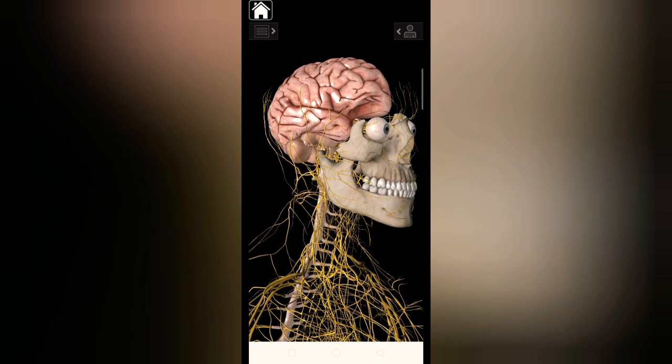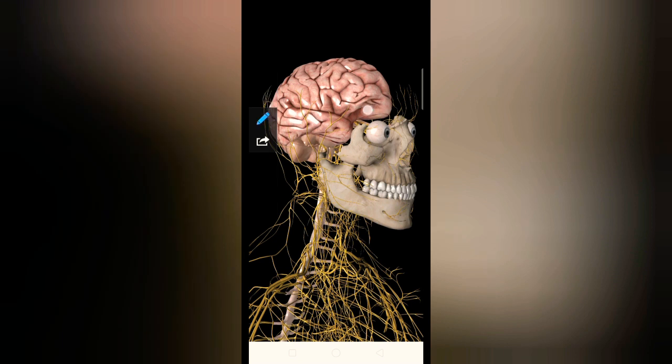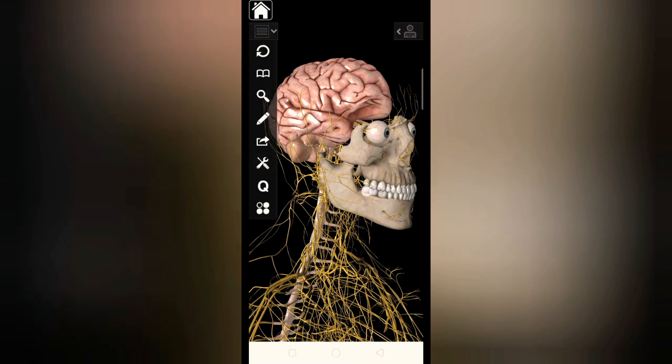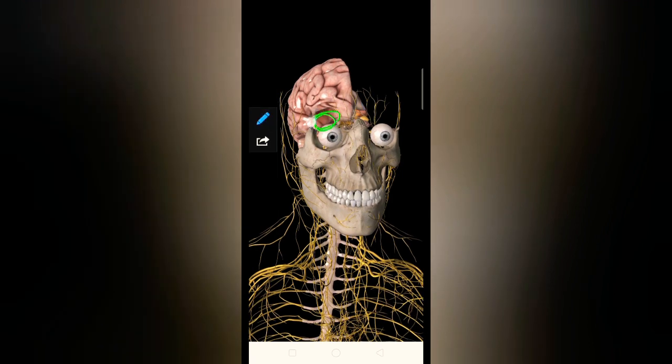The orbital part consists of the inferior surface of the frontal lobe. So the medial orbital border separates the orbital part of the inferior surface from the medial surface.